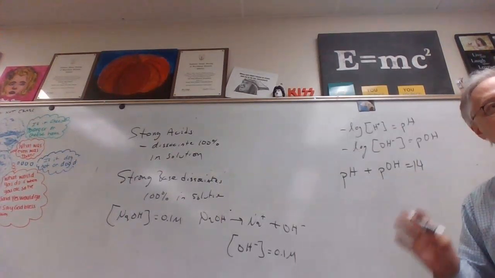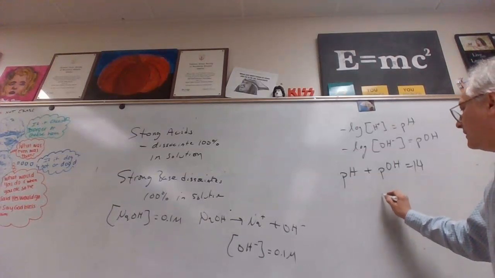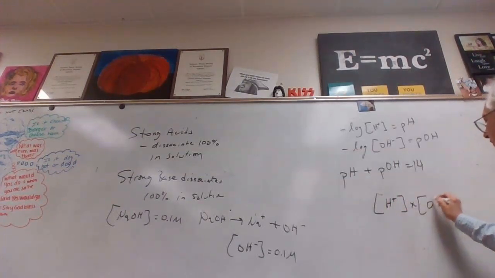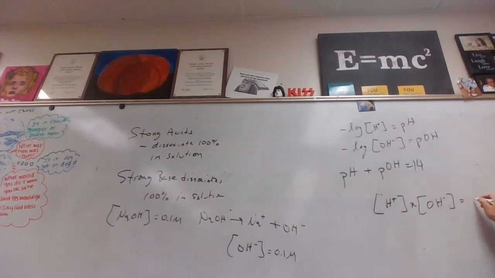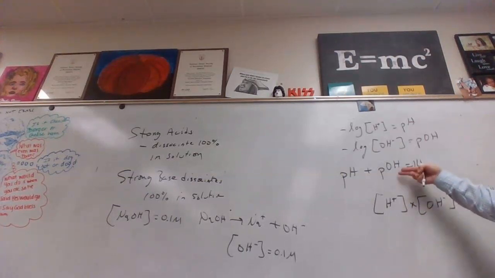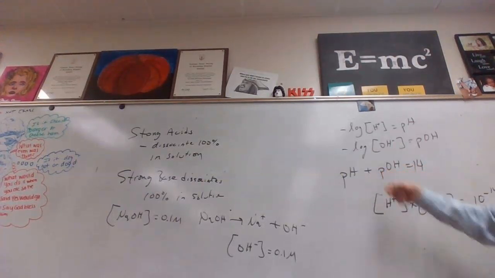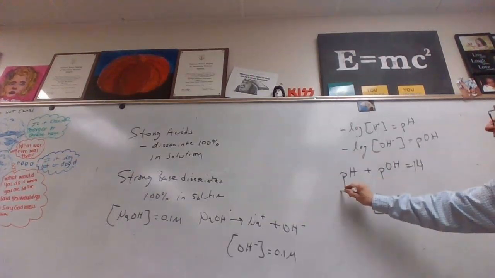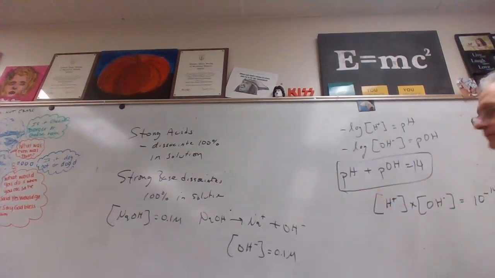Because for any solution of an acid or a base, the concentration of hydrogen ions times the concentration of hydroxide ions has to be 10 to the negative 14. So this is the logarithmic version of it, and this is the actual molarity version. This is going to be really useful for us.